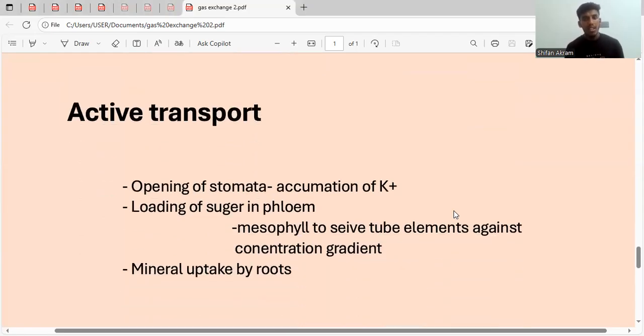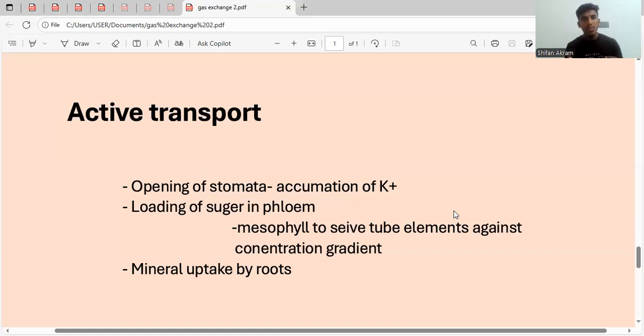Active transport is involved in mainly three places. First, in the opening of the stomata using guard cells. To open the guard cells, K plus is pumped inside the cell. Initially, K plus doesn't need any energy because it occurs through diffusion, but after some time, to create the turgor pressure, we need to pump more K plus into the cell.